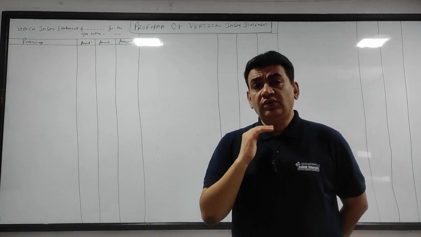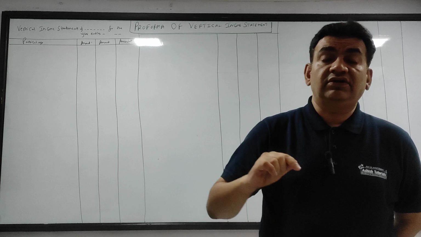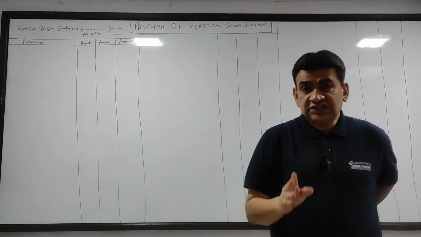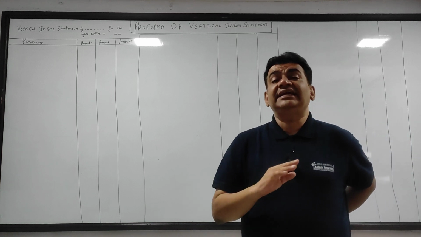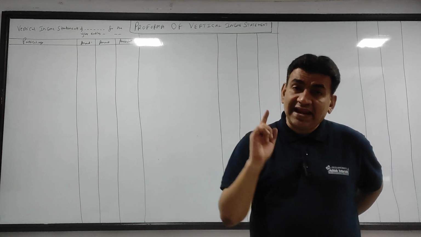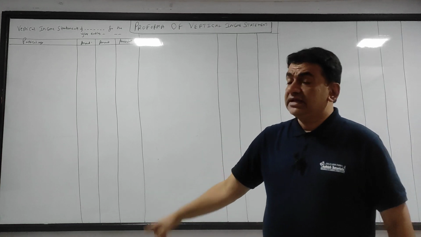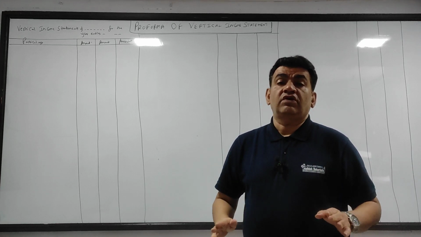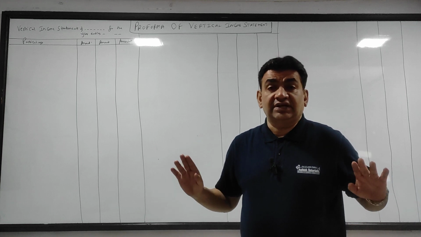Now what I am going to do in this session is same like what I did in the first class of this chapter, where I took a full session on discussing the entire vertical format of balance sheet. Similarly, I will take a full session on discussion of vertical income statement.